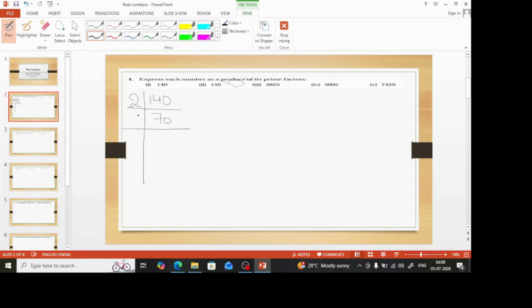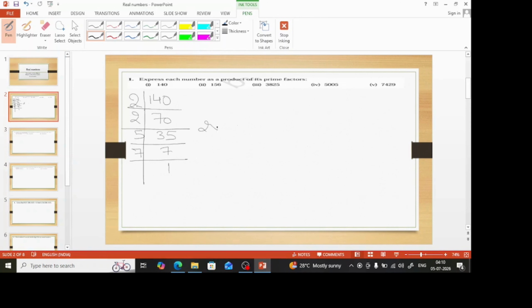If we divide 70 again by 2, we will get 35. Next prime number could be 3, but we will not take 3 because 35 is not divisible by 3. 4 is not a prime number. Now we will take 5. If we divide 35 by 5, we will get 7. Now 7 divided by 7, 1. We will not take 6, because 7 is not divisible by 6.